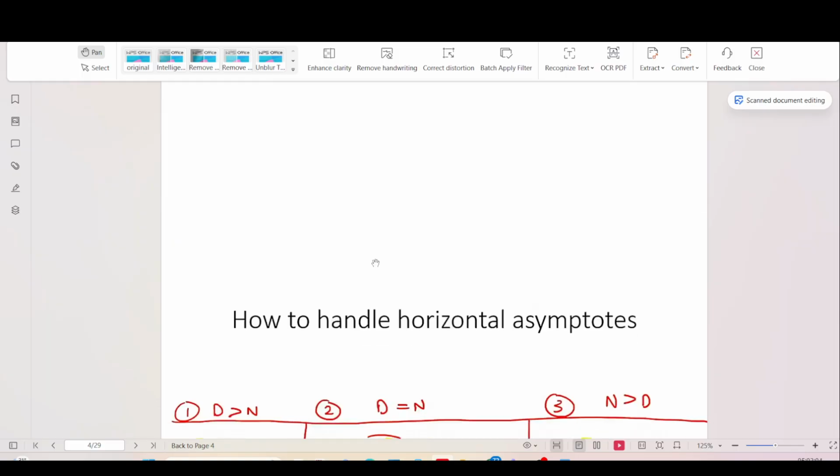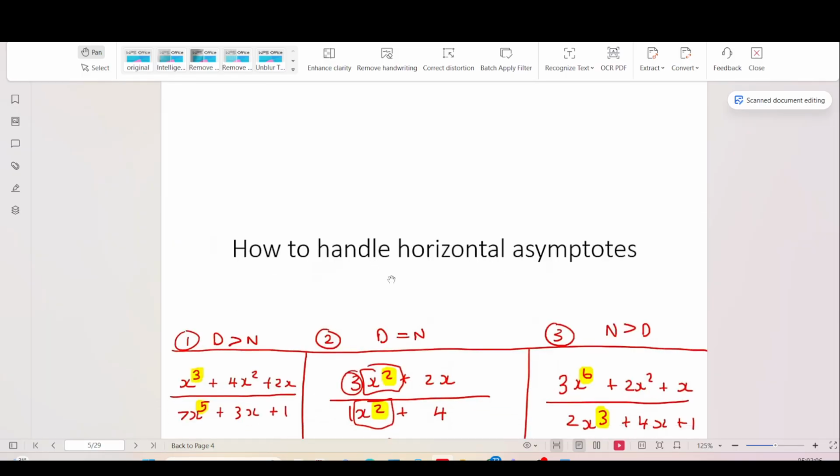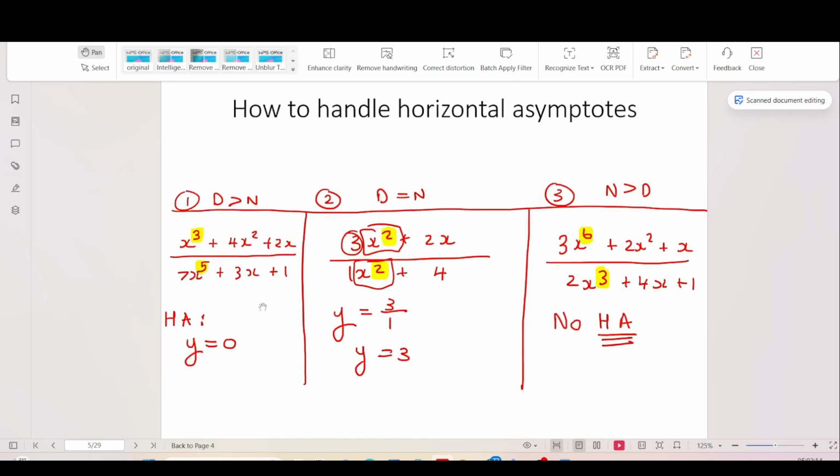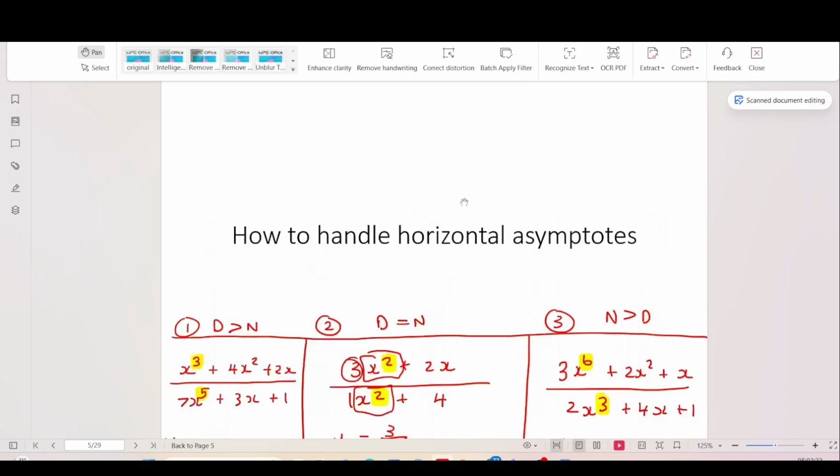Now let's see how we check for horizontal asymptotes. There are three possibilities. If the denominator degree is greater than the numerator, like here we have 5 and 3, then y equals 0. If the degrees are the same for numerator and denominator, just divide the coefficients. If the numerator is greater, then there is no horizontal asymptote.